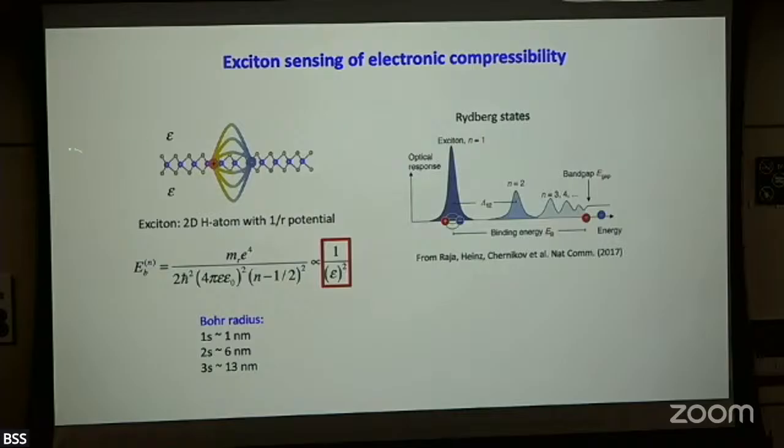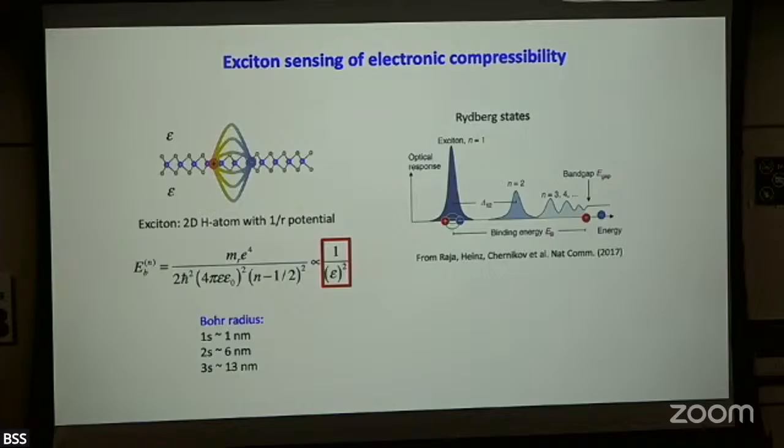What we are looking at here is this monolayer tungsten sulfide or tungsten selenide, or one of those monolayers. And it has effectively a much reduced dielectric function if you put this either in vacuum or embed this in boron nitride, because boron nitride has a much smaller dielectric function than the semiconductor itself.